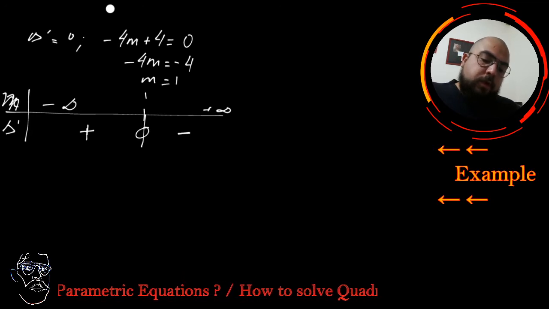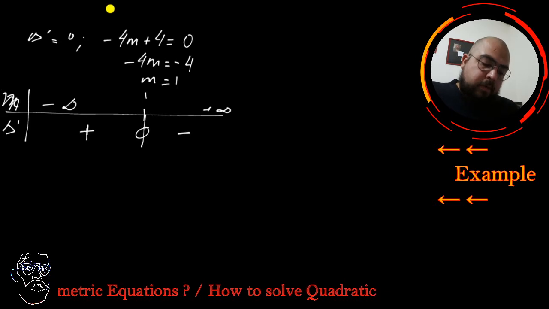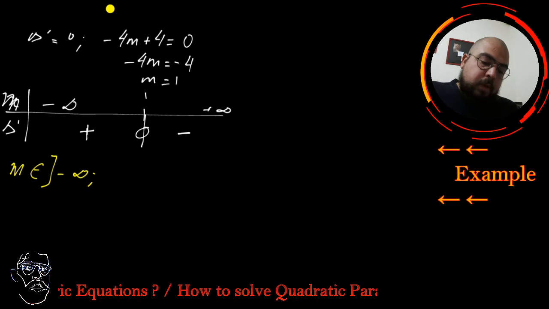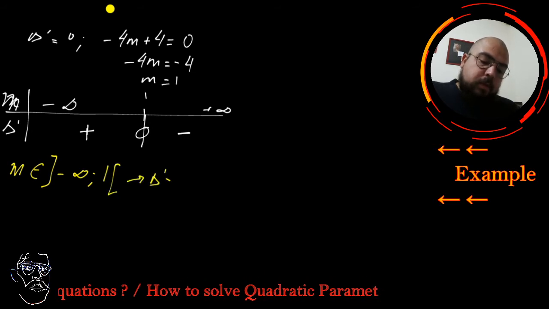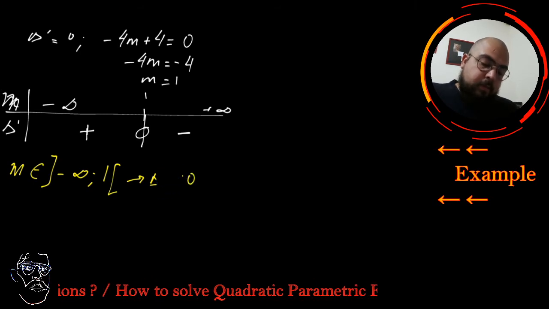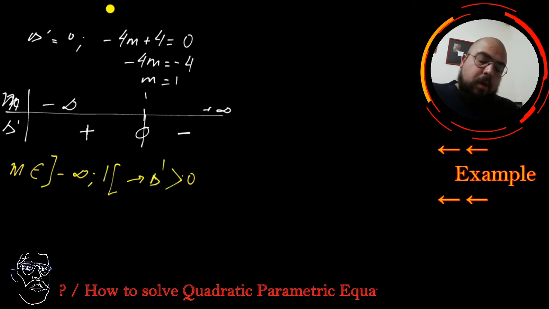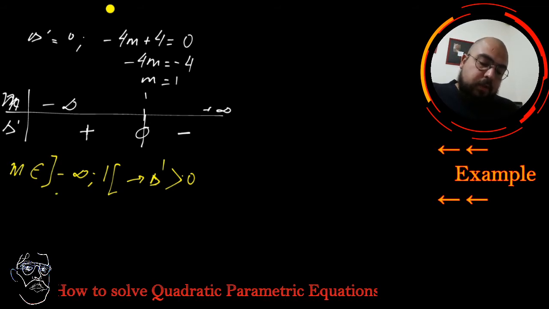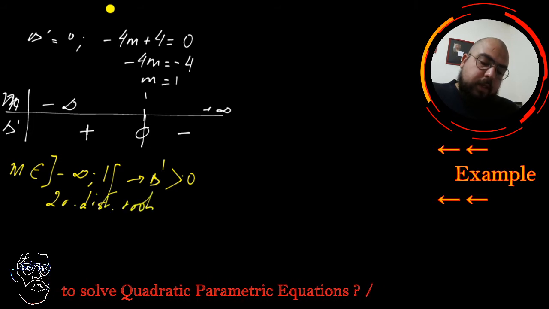Of course, in order to discuss the existence of roots, you simply have to say whenever m belongs to the interval from minus infinity to 1, delta prime is positive. When delta prime is positive, you will have two real distinct roots, and you have to calculate them, of course.